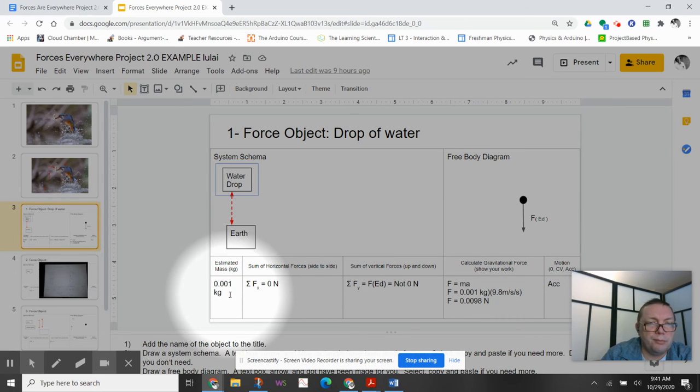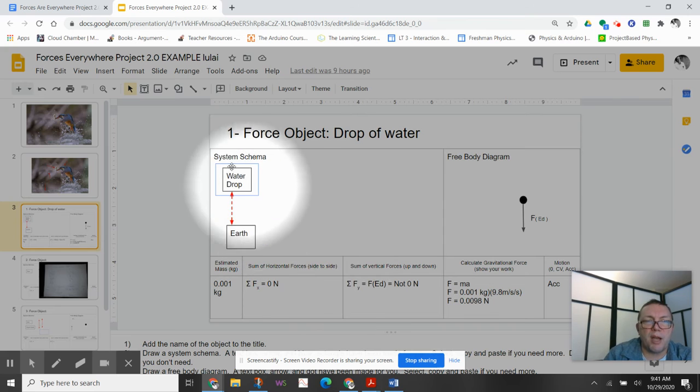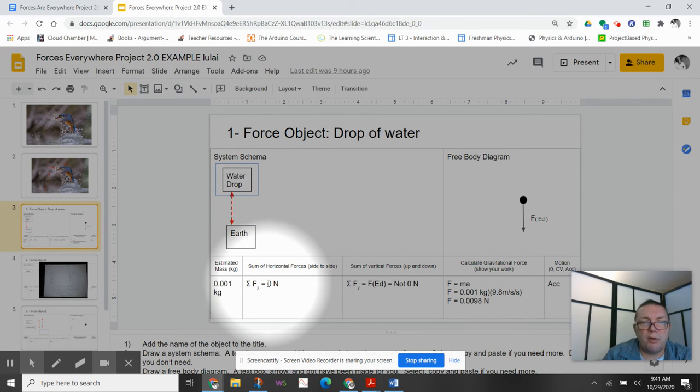Estimated mass, and it says estimated, right? So we obviously didn't take that droplet and put it on a scale. The sum of the total horizontal forces side to side, well, the only interaction is gravity, so that's up and down. There's nothing acting left or right, so the sum of all forces in the x direction is 0 newtons.